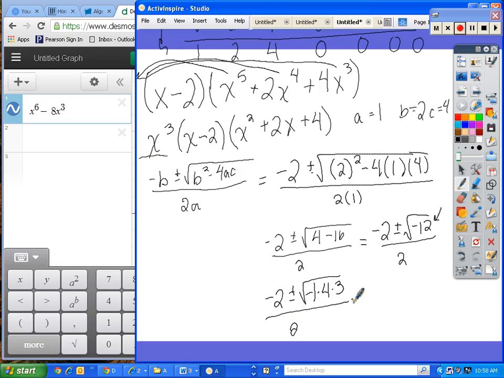Now I can bring out an i, and the square root of 4 becomes 2. So this is 2i square root of 3, all divided by 2. I can reduce, so all of the 2's cancel. I'm left with negative 1 plus or minus i square root of 3.